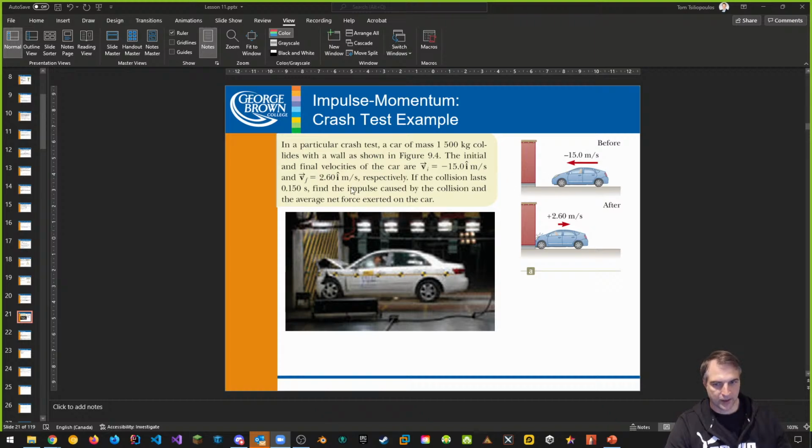And then the final velocity, when it's hit, it goes in the opposite direction. Take a look at that. It's almost like a reflection, in the opposite direction, of 2.6 meters per second. And if the collision lasts 0.150 seconds, so a fraction of a second, or 150 milliseconds, find the impulse caused by the collision and the average net force exerted on the car.